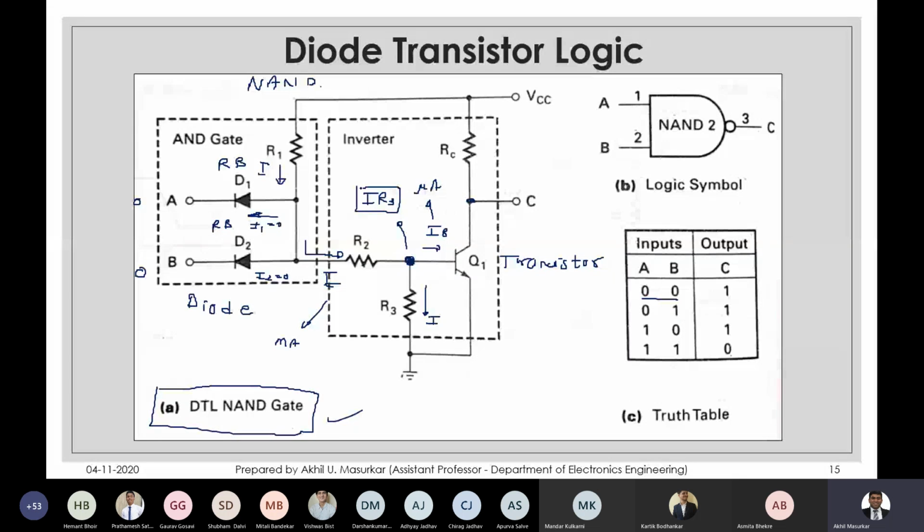And if this voltage drop is greater than VBE of this transistor, then this transistor would turn on.